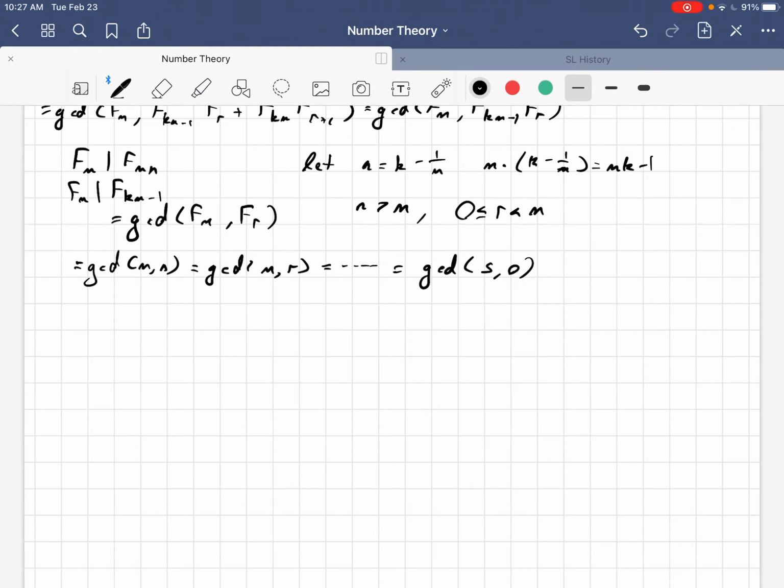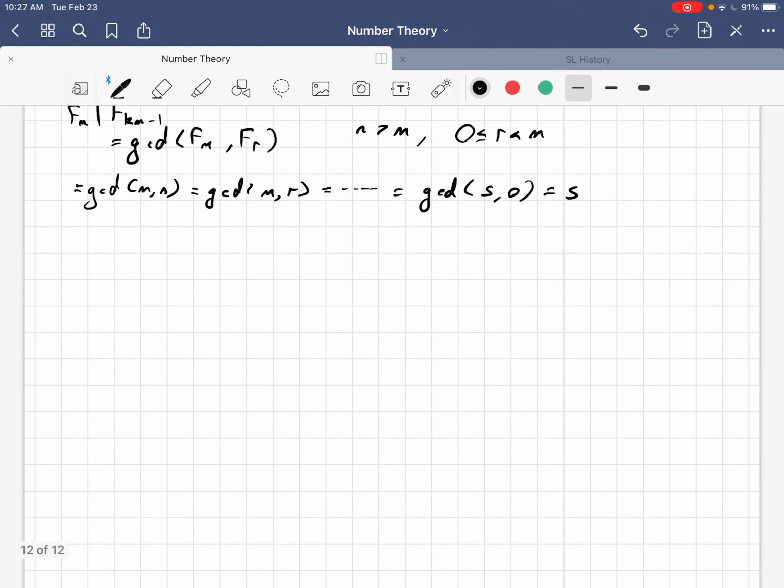Call that remainder s. And the GCD of s and 0 is just s. So eventually, after applying this finitely many times by the well-ordering principle, the sequence of remainders is going to truncate and end. And I'm going to call that ending point s. So s is the GCD of m comma n.